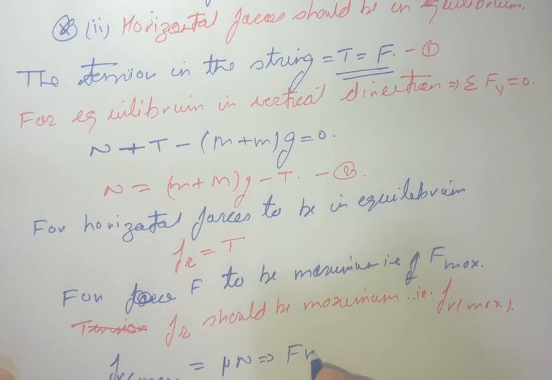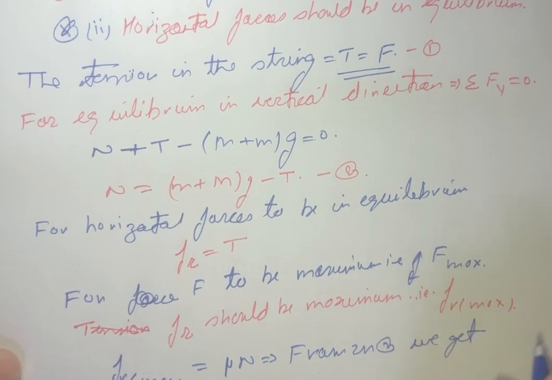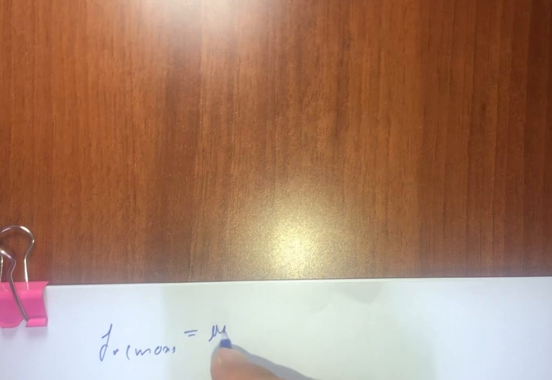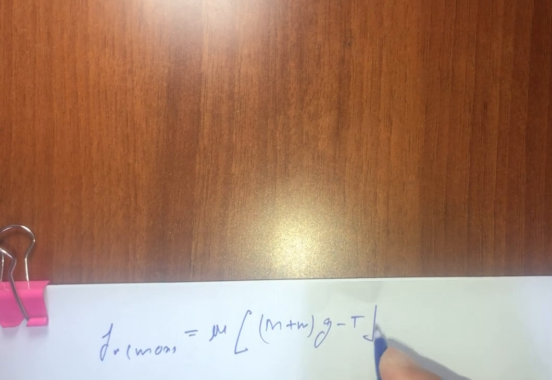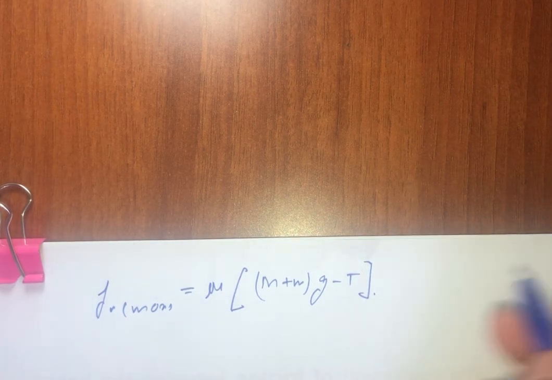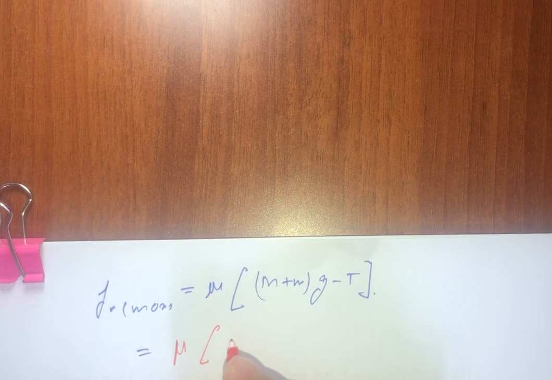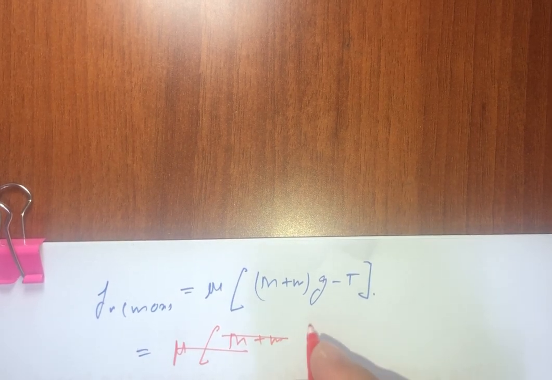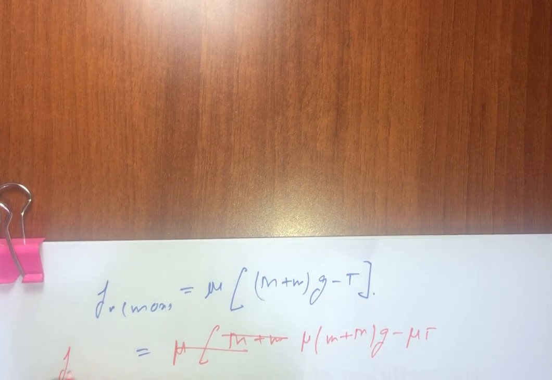So from equation 2 we get Fr max is equal to mu times (m plus M)g minus T. If we open the bracket, we get mu(m plus M)g minus mu T. This is nothing but our Fr max.